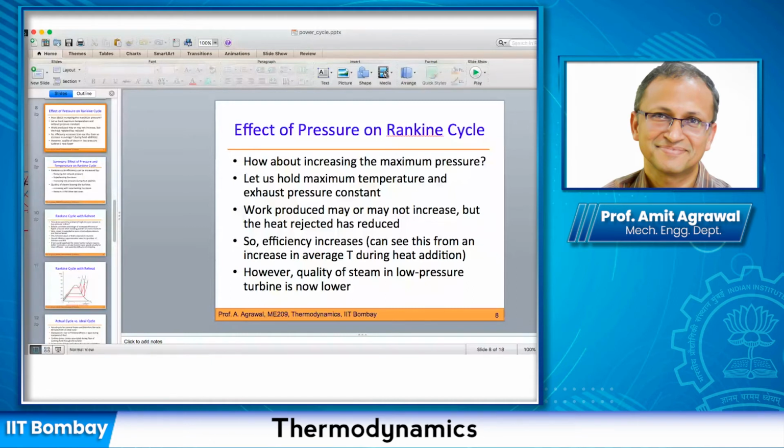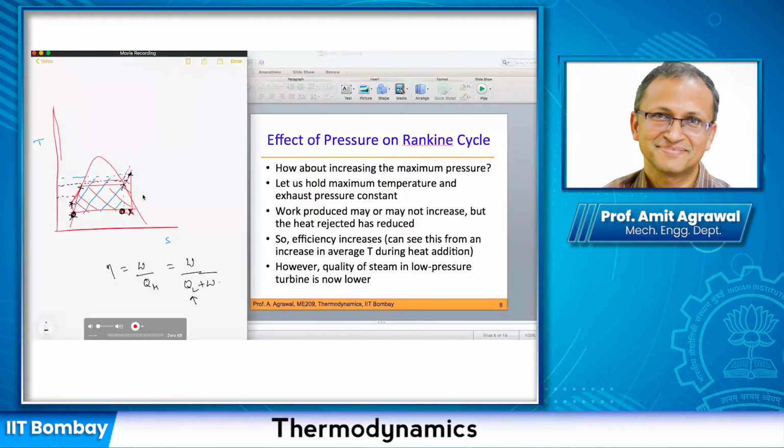Yeah, so heat rejection. We are essentially looking at this expression here. Efficiency is of course work done divided by QH, right? So this is a straightforward expression. Whatever we have written here, this is straightforward. QH is equal to just QL plus W. Now we are looking at heat rejected. So heat rejected in this case would be this much.